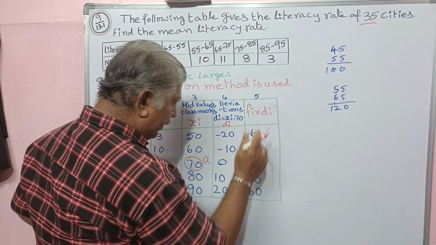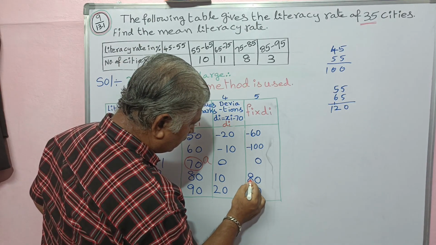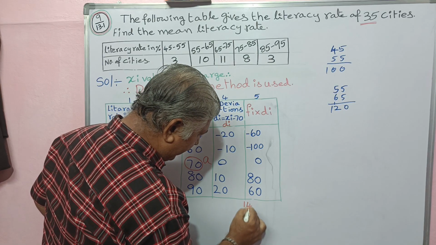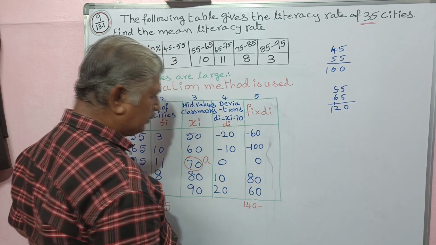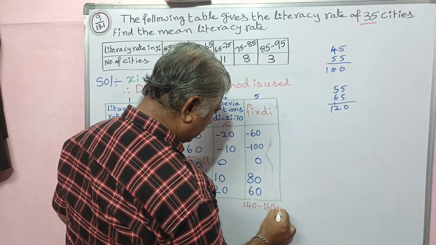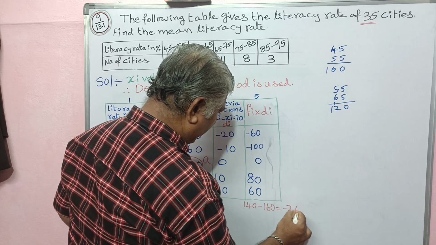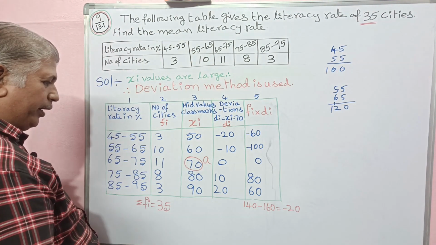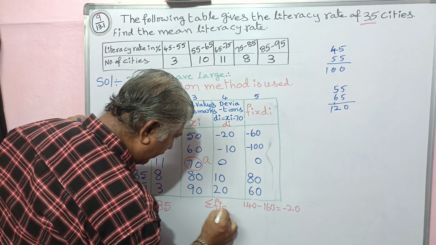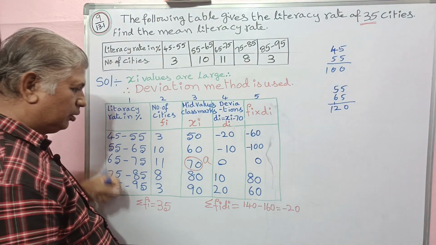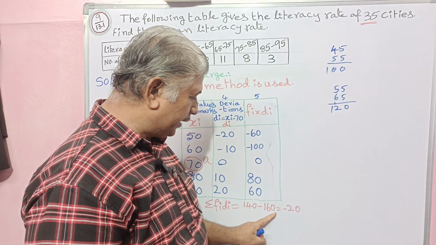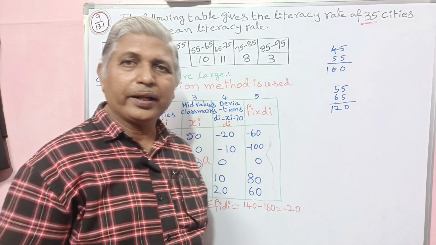This is Fi Di. Positive values are 80 plus 60, 140. Negative values are 160. So, sigma Fi Di is equal to 140 minus 160, that is equal to minus 20.